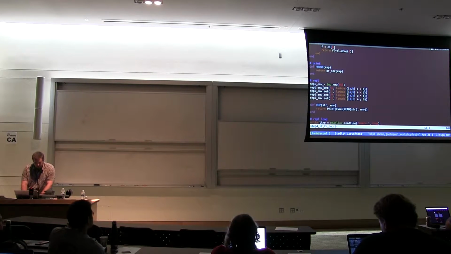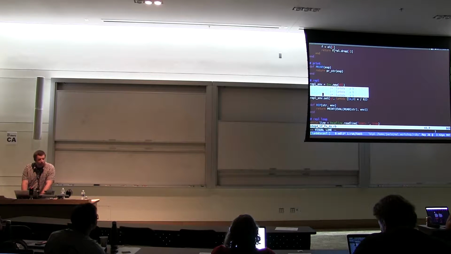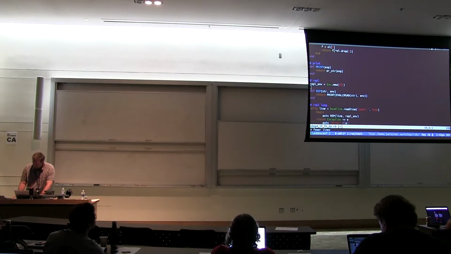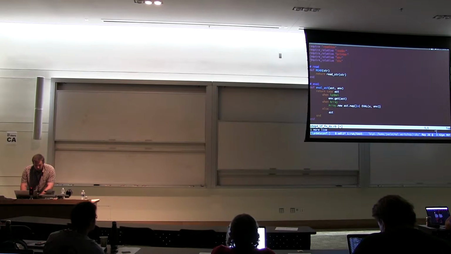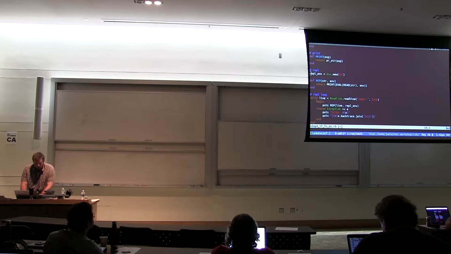And down here, I'll just do this real quick. So instead of setting our REPL environment from just these explicit settings, first what we're going to do is pull in that core file. And then down here, we'll create the REPL environment, but not set anything in it yet.